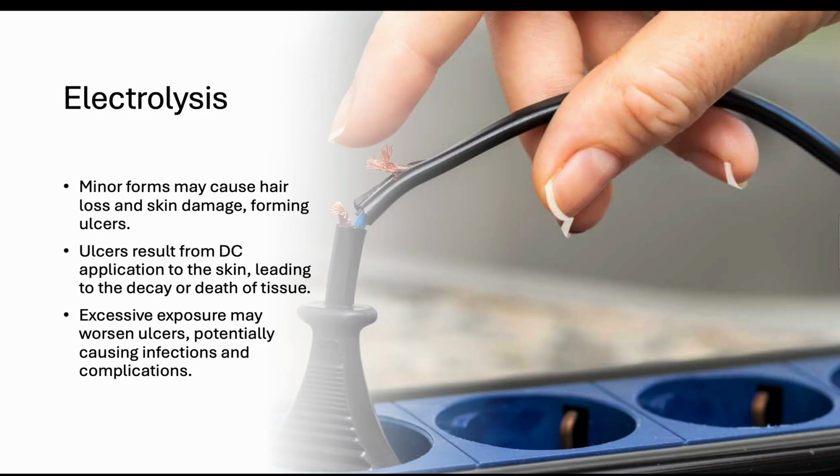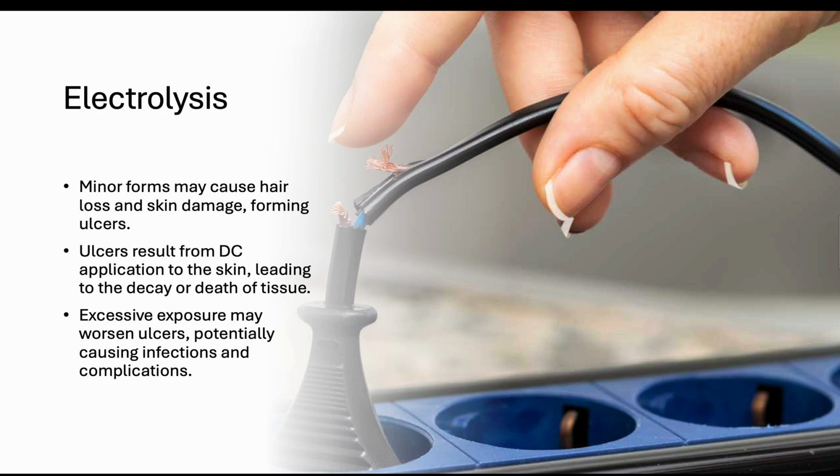We'll go to the first form of physiological effect, called electrolysis. Electrolysis is the process by which electrical current passes through a substance to affect a chemical change. That's the definition of electrolysis. In terms of the physiological effect, there are minor forms, and the minor forms can lead to hair loss and minor skin damage.